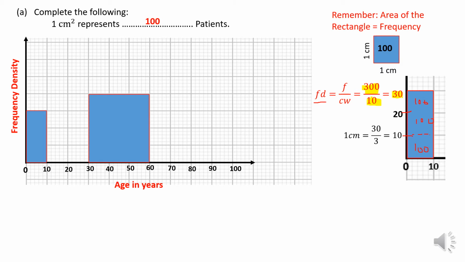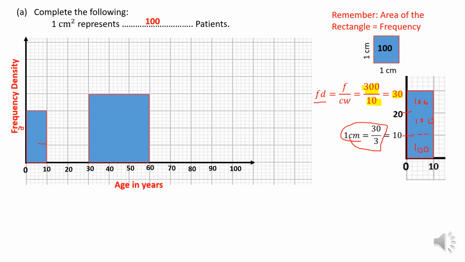So if the 30 is there, in order to determine what one little square represents, I divide 30 by 3. When I did that, I know that one little square represents 10. And if the area is proportional to the frequency, then this little square represents 100 people.